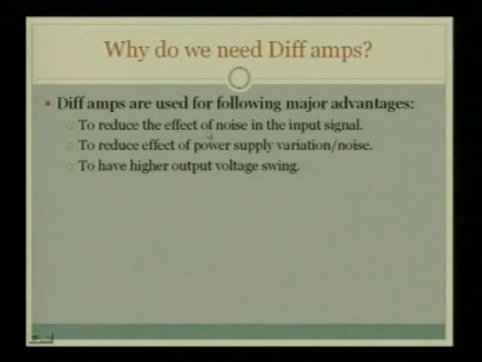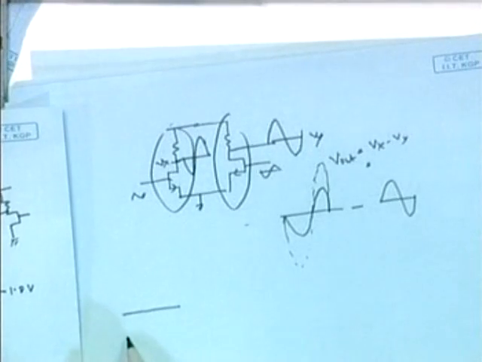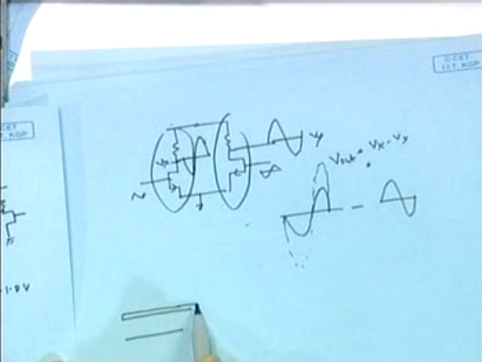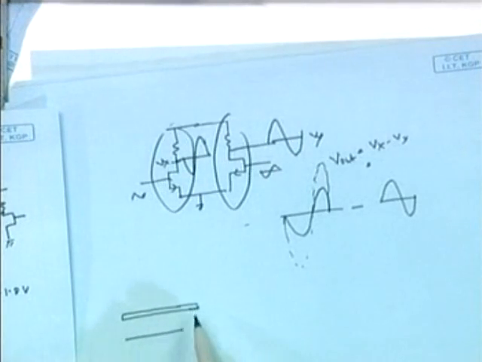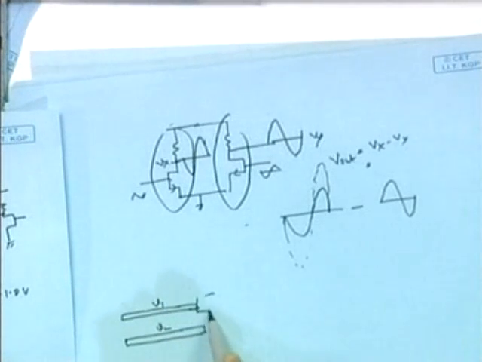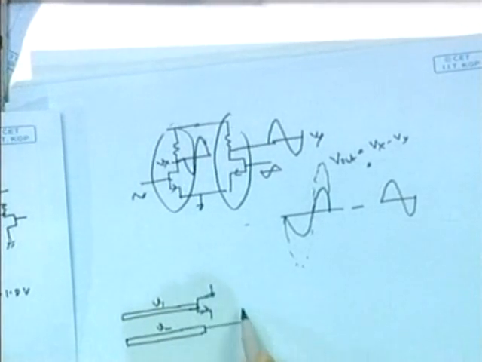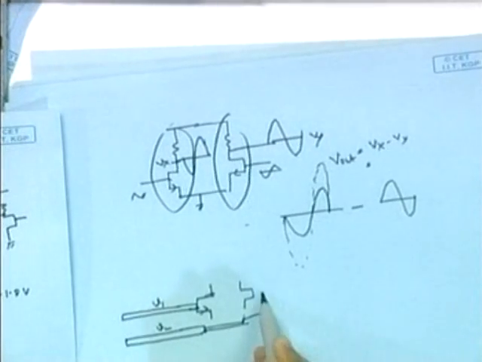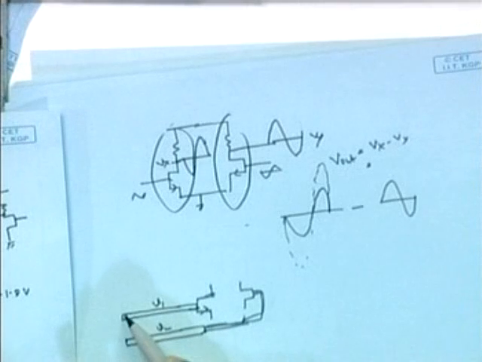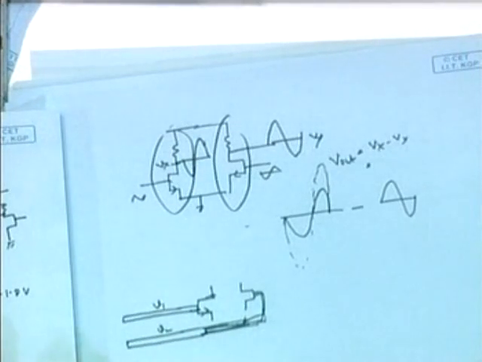And explain that it reduces the noise in the input signal. Normally, in a diff amp, while doing our layout, we put the input lines to the differential amplifier very near to each other. This is called input 1, this is input 2. There are transistors. So the noise induced in this line is also the same as the noise induced in this line, in magnitude, because they are sitting very near to each other.